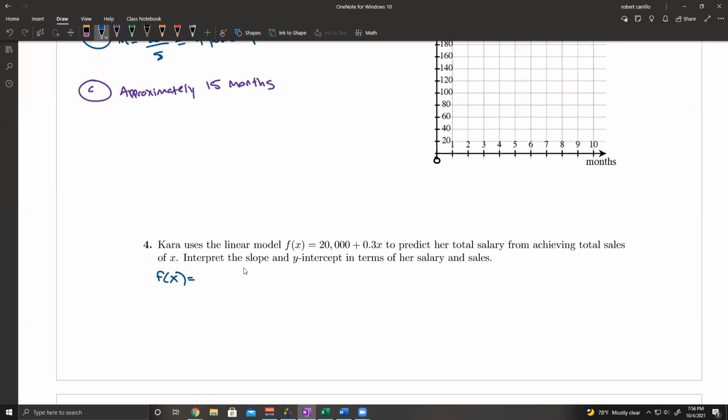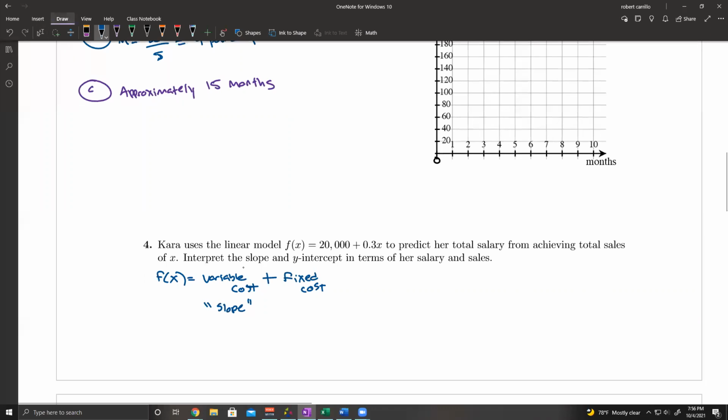To write a linear model, it's always a variable cost plus a fixed cost. And it doesn't have to be cost. It could also be like a fixed revenue or a fixed profit, but this is just the basic linear model format. So variable cost, which also means slope.